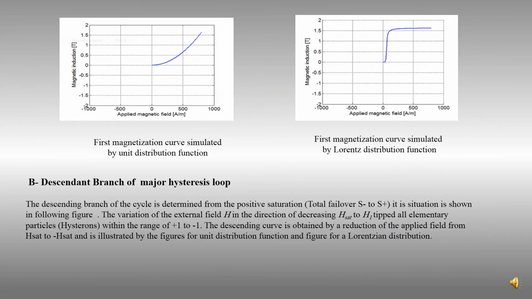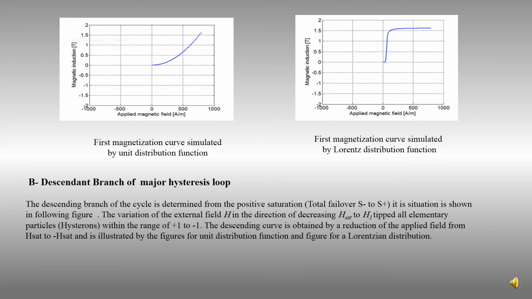And you can see in these two figures the different curves of the first magnetization curve simulated by the unit distribution function and by the Lorentz distribution function, and you can see the difference between them.